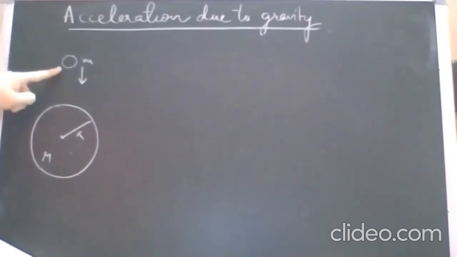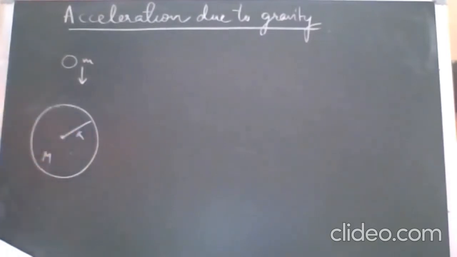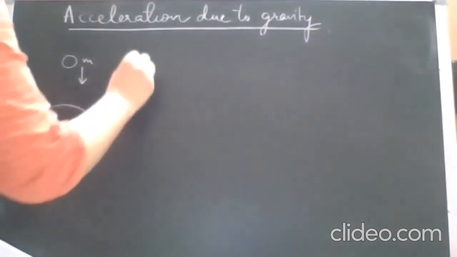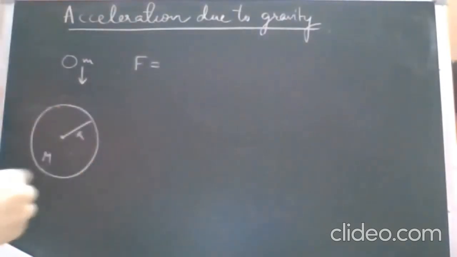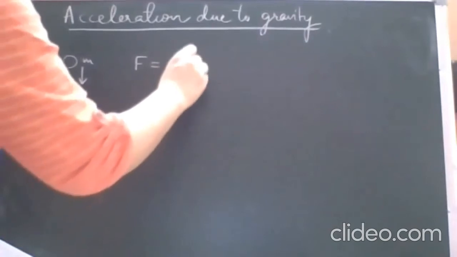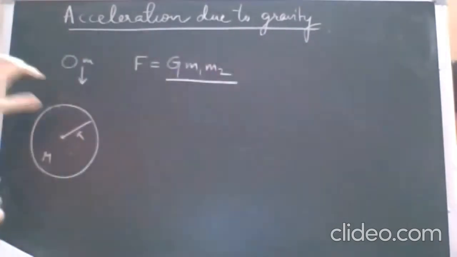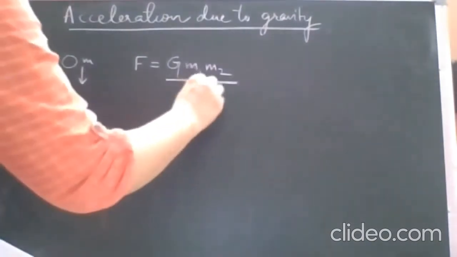Now, when this mass is just about to reach the surface, just about to strike, at that instant, if I write the forces acting on this object, by Newton's law of gravitation they will be written as F is capital G, the gravitational constant, times the product of the two masses divided by the distance between their centers.